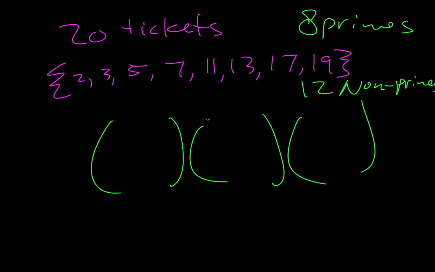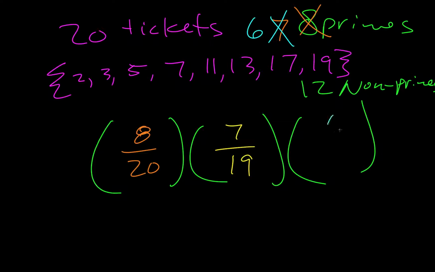On the first draw, we have an 8 in 20 chance of getting a prime. Because we reduced this to a 7, on the next one we have a 7, and our total also went down, so it's 7 out of 19. Then we reduce down to 6, so we have a 6 out of 18 chance.